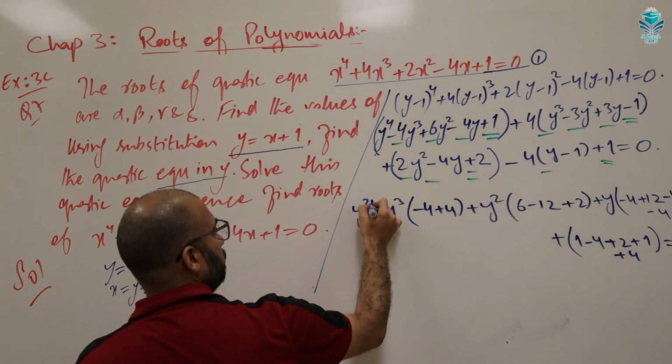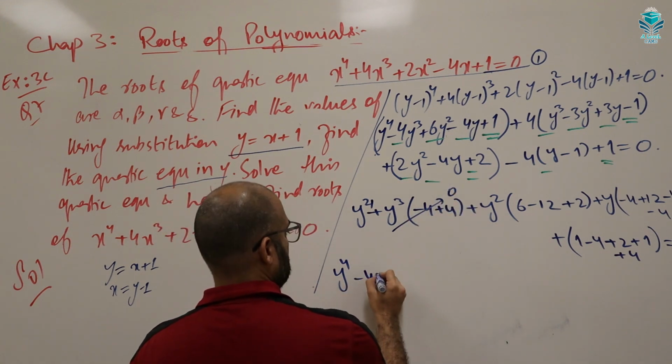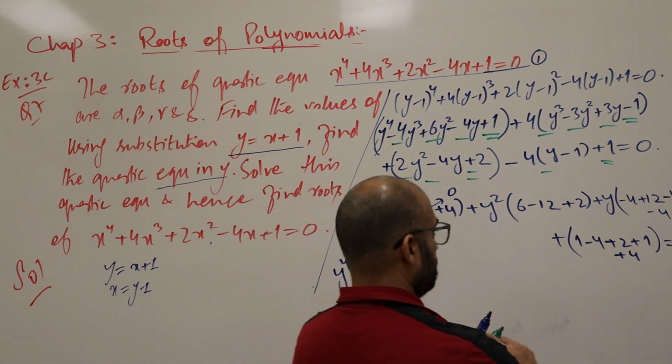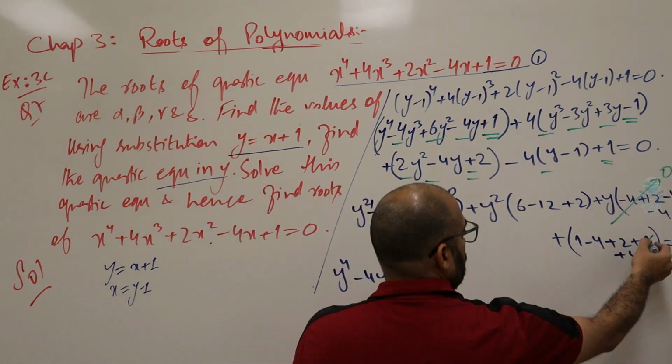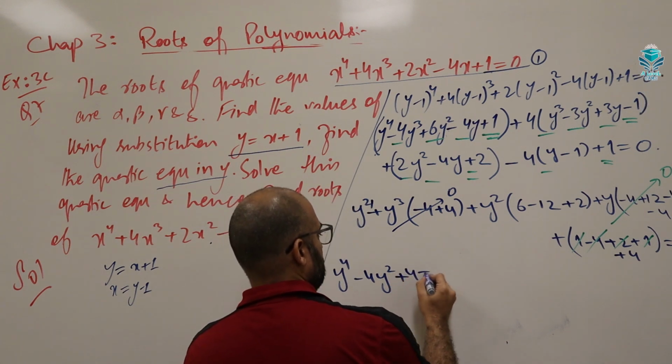You have y to the fourth, 0 for y cubed, 4y squared, 0 for y, and the constant you have 1, 2, 3, 4 and 4 plus 4.